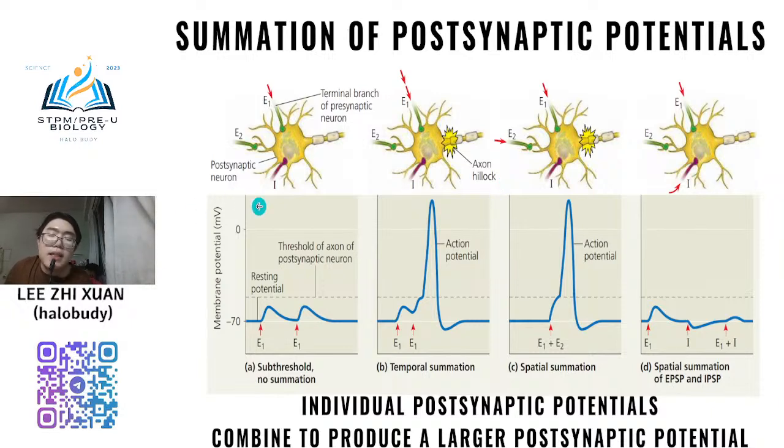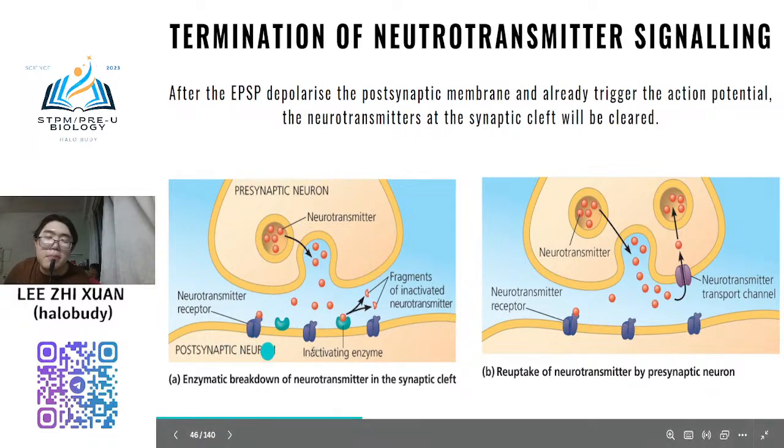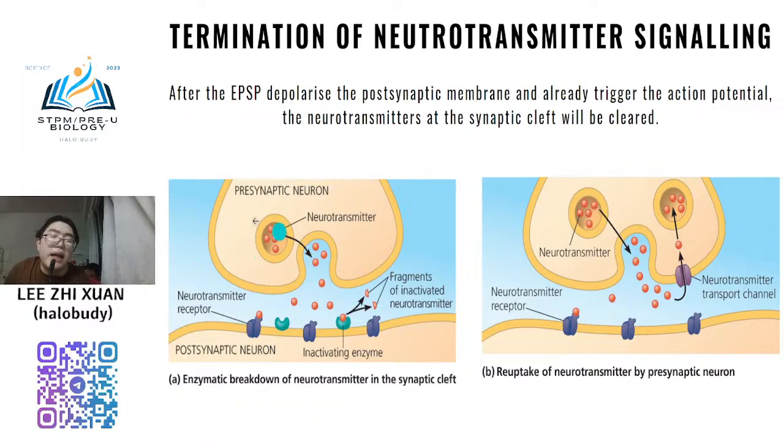Okay, so normally in the synapse, in the postsynaptic neuron, if you want to trigger the action potential, you still need to make the membrane potential reach the threshold level. Then you can trigger the action potential in the postsynaptic membrane. But normally in the synapse, due to the gap, the impulse at the postsynaptic membrane is quite low compared to the presynaptic neuron, because it already has the gap there.